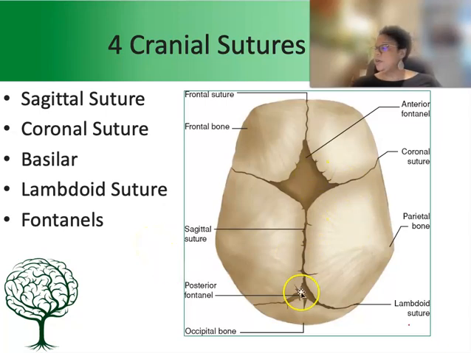So here are our anterior and our posterior fontanelles. You can read about these sutures in your book. I just want to mention that your sagittal suture is usually the one that fuses first. And the basilar area is right behind the ears, so we'll talk a little more about that when we talk about fractures in a second.